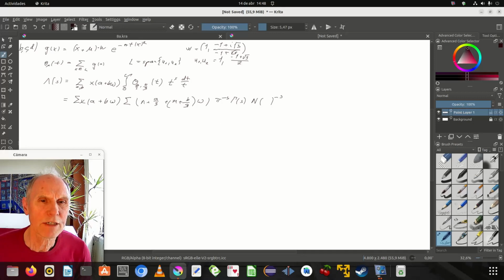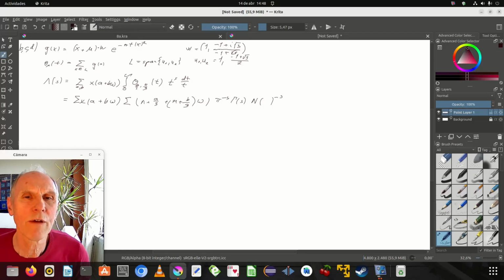Here we take a factor 3 out, and in here we have the scalar product with itself, so we must take a factor 9 out to get the norm of a plus b omega.